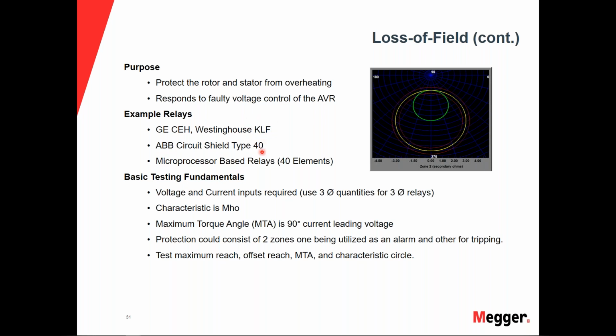So you're almost wanting to do it single phase using the 3-phase voltage. The characteristic most of the time is a mho circle, and then also we have the MTA, which we'll see here in a minute, how we're going to do that test. And then we want to give it a good reach test, offset reach, and then an MTA, and at least plot a few points on the circle if possible.